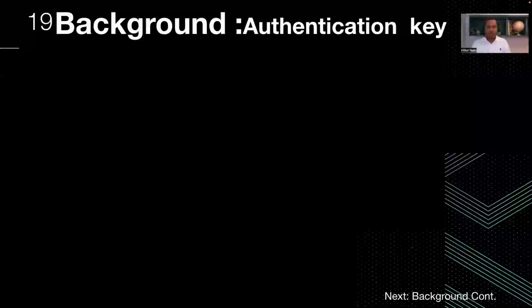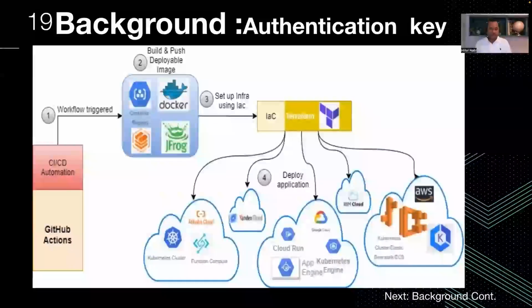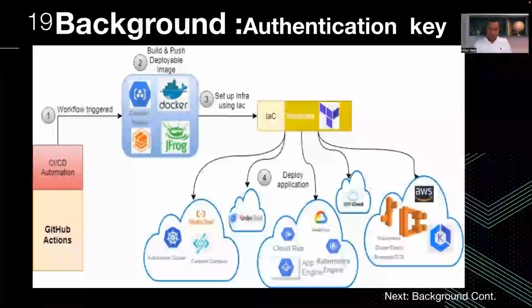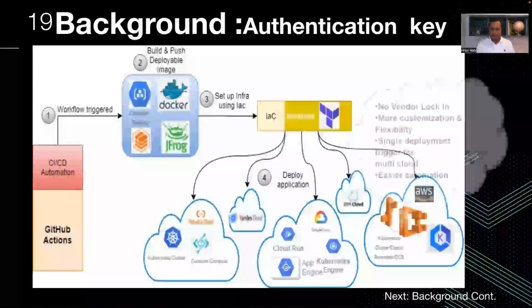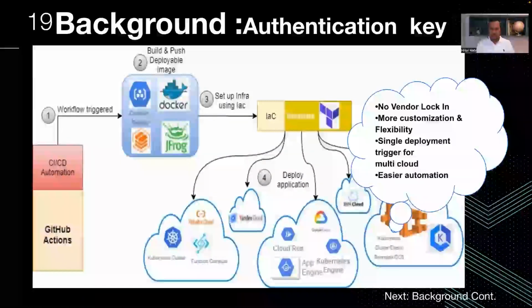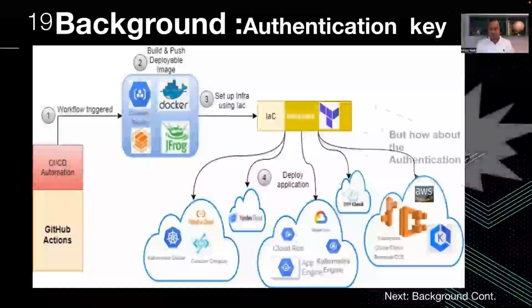Now, our second problem is the authentication key that we talked about. Let's see the background of it. We try to make our infrastructure agnostic or cloud native. Yes, we did it. With a single trigger, we can provision our infrastructure with many clouds. But the problem is authentication.